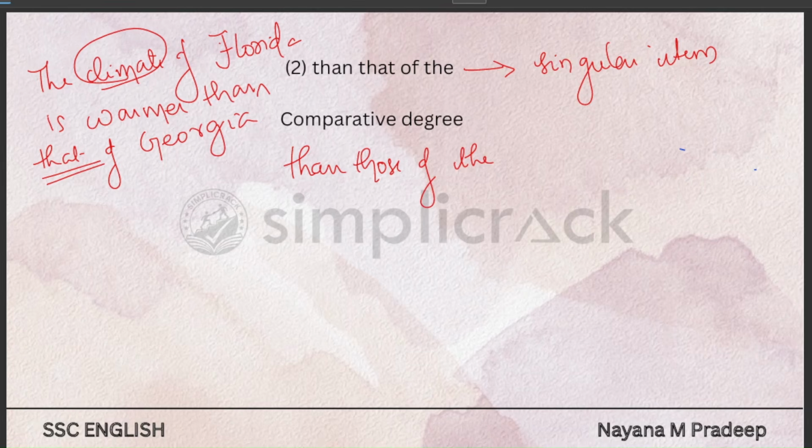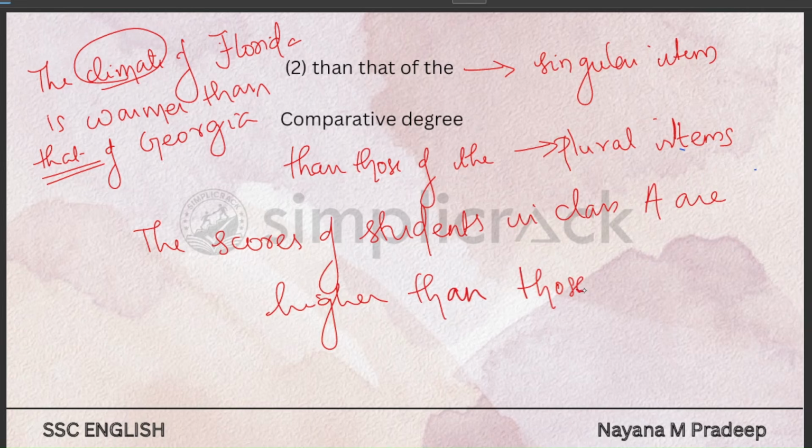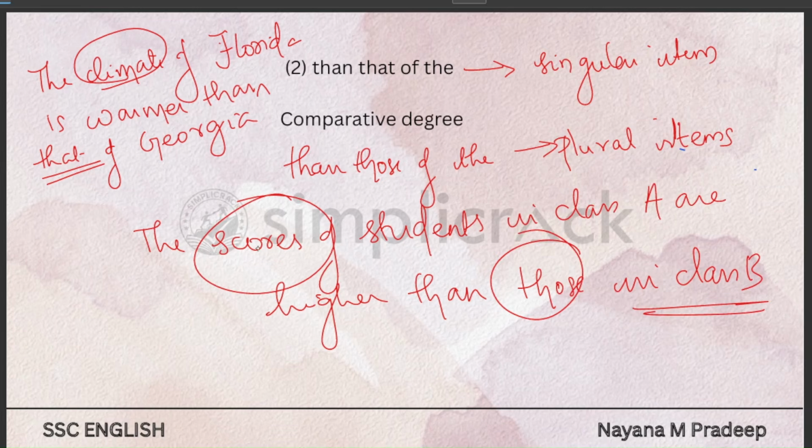Similarly, "than those of" is used for plural items. How will you put that in a sentence? For example, you can say the scores of students in class A are higher than those in class B. Here you have "than those" because you are comparing scores, multiple items.